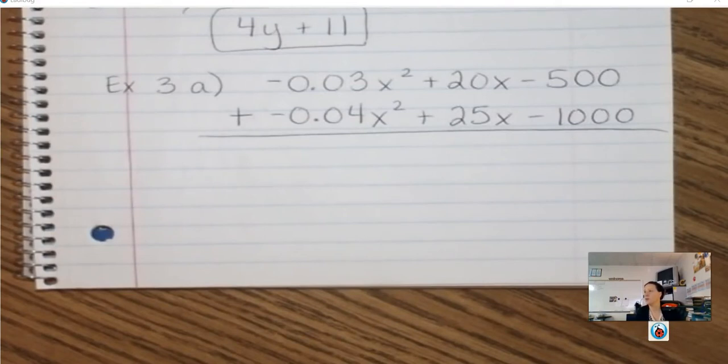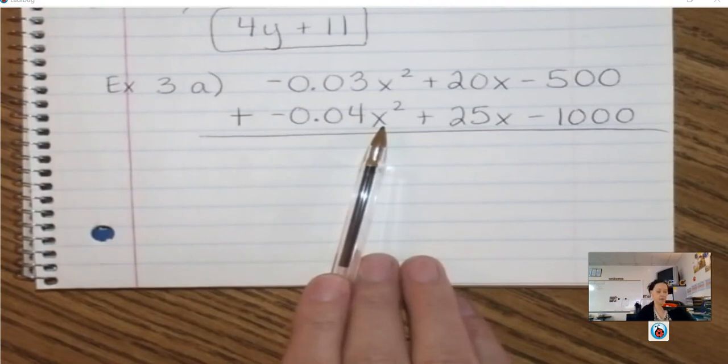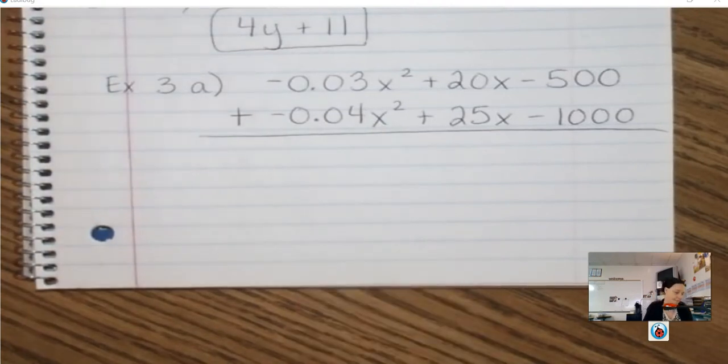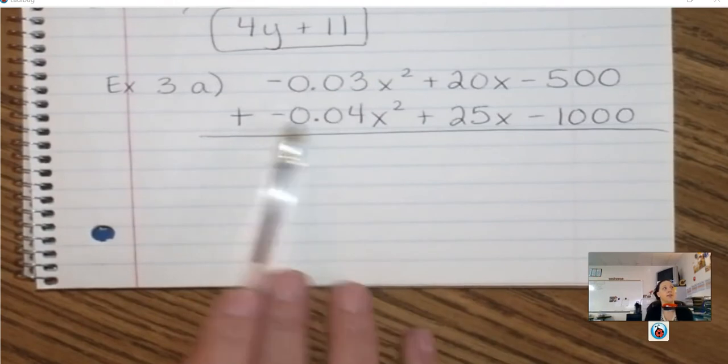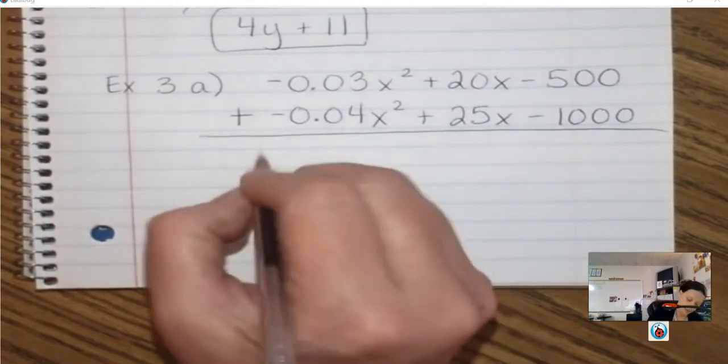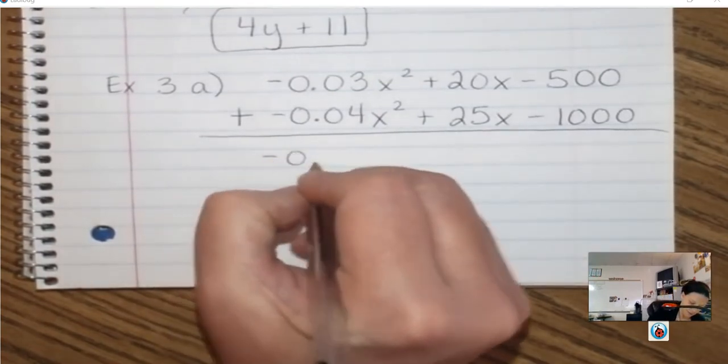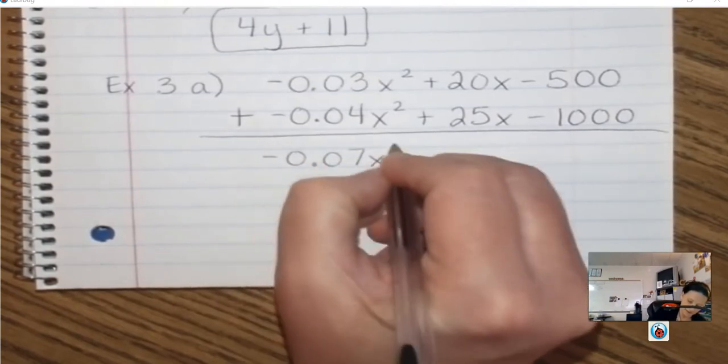Again, you can do it horizontally, or if you prefer you can write it vertically. Whatever makes sense for you. So you're putting all of your x squareds together first. If I have negative 0.03 and then I have a negative 0.04, together I have negative 0.07 of those x squareds.